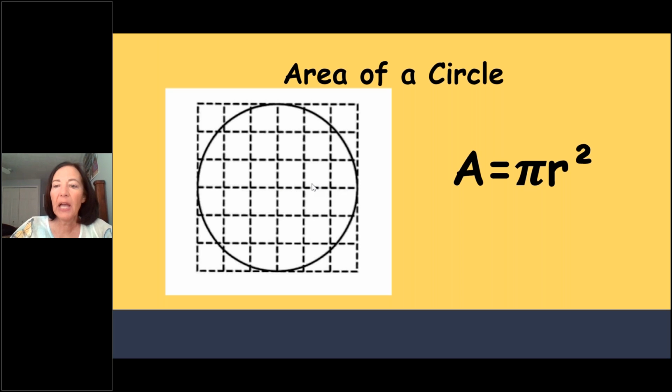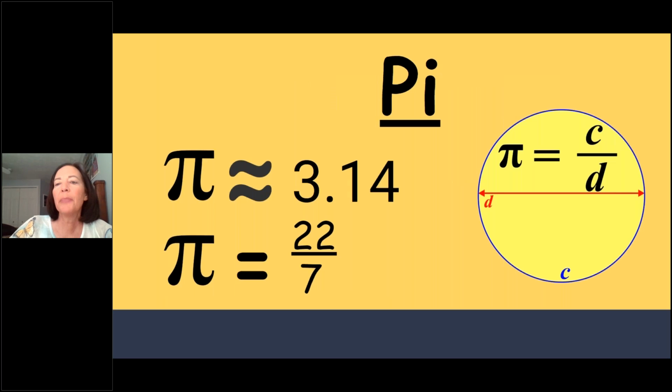So pi is another term. I want to just briefly introduce it. That could be an entire lesson all in itself. Pi is a relationship found between the circumference, the blue line around the circle, and the diameter, which is the red line across the middle.